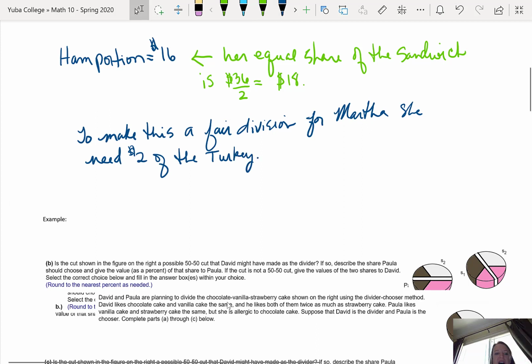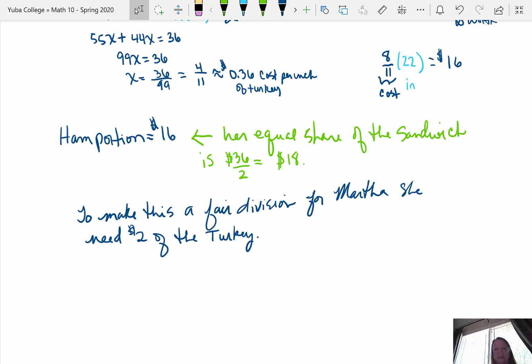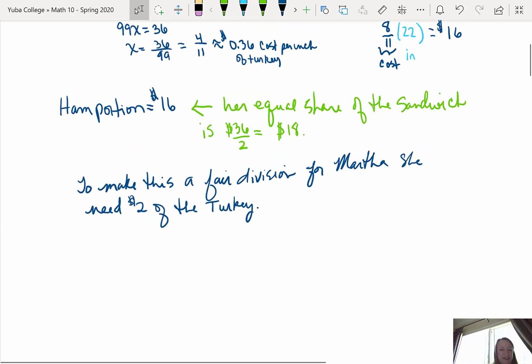So we need to figure out how many inches she needs to go into the turkey in order to get our fair share. I'm going to pause this while I move stuff around so that you don't have to watch me. Sorry about that. Anyway, so we're trying to figure out how many inches $2 of turkey is worth.